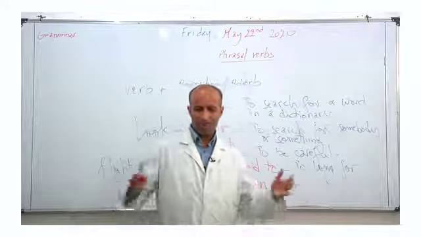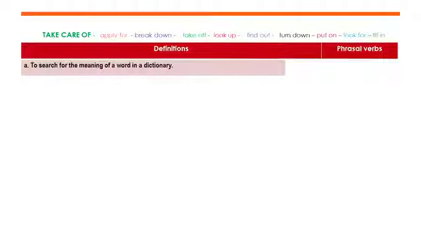So number 1, to take care, I would start with A, to search for the meaning of a word in the dictionary. We've already seen this in the example I gave you earlier. To look up.